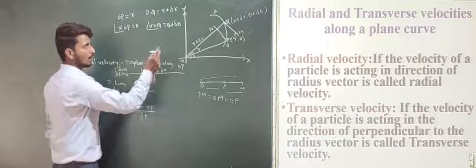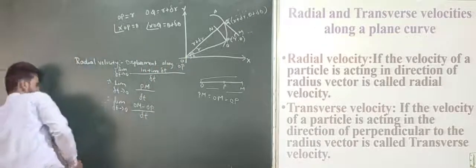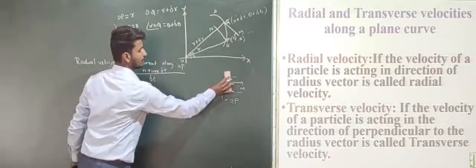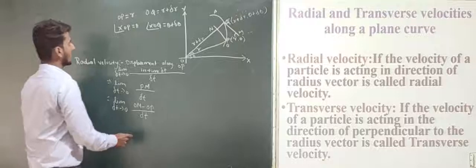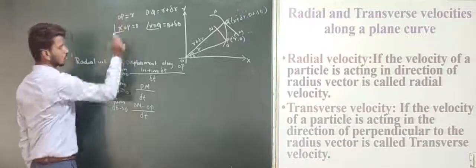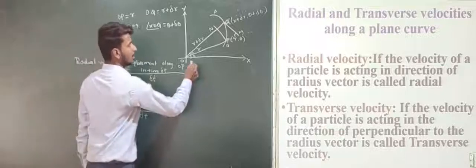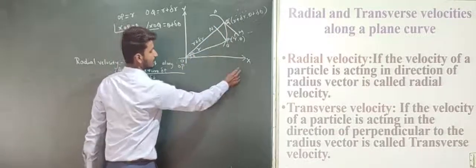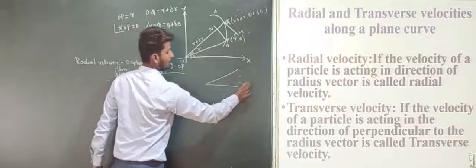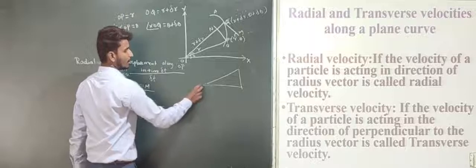Now what do we mean by OM? You know the value of OP, that is equal to r. To find OM, we can consider a triangle similar to this.